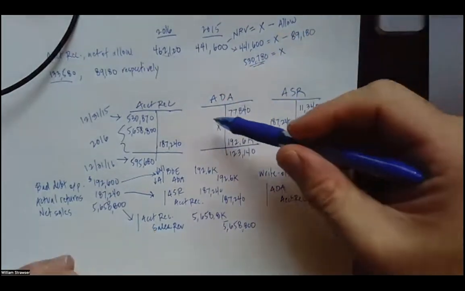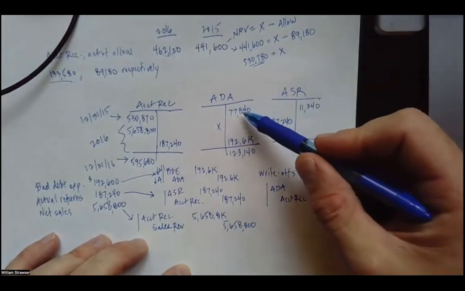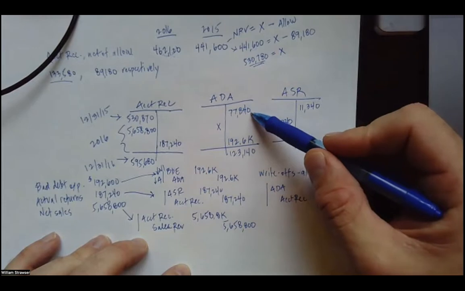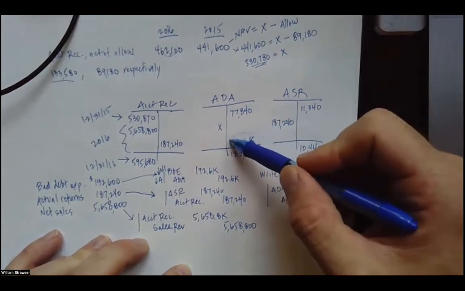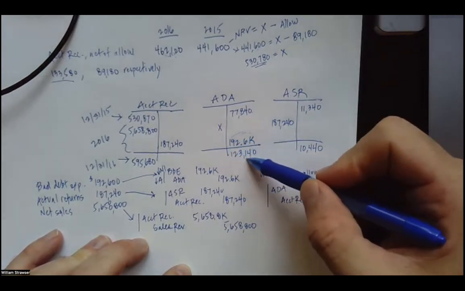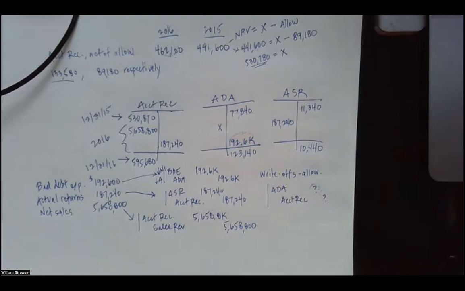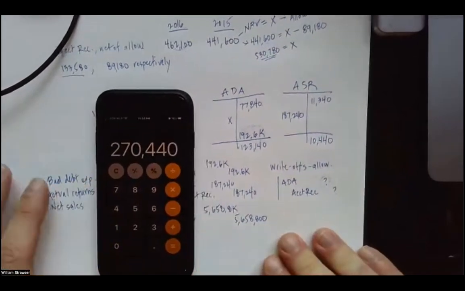What amount of a debit forced by a write-off would make it so that 77,840 plus, or increased by, 192,600 would net me 123,140? So that math doesn't work as is, because 77,840 increased by 192,600 is 270,440.